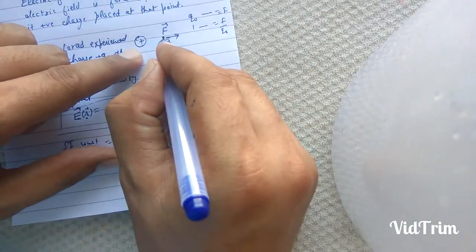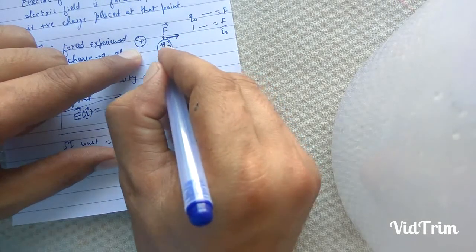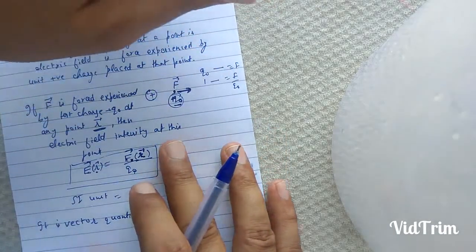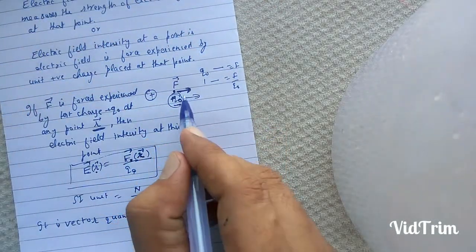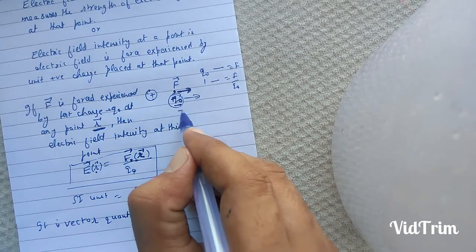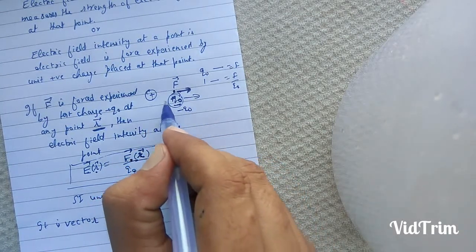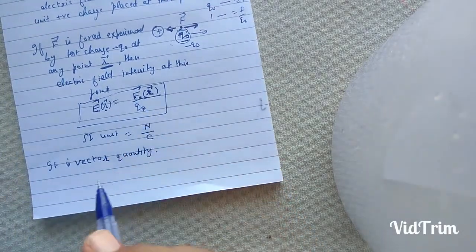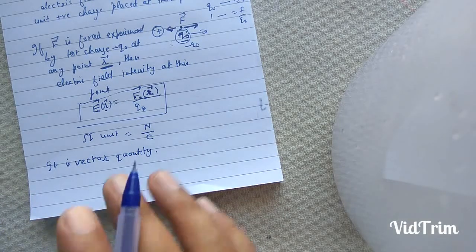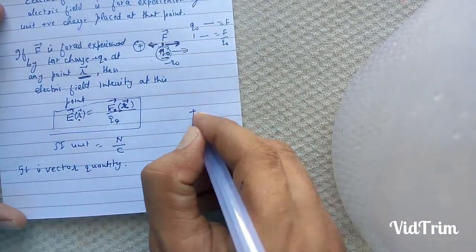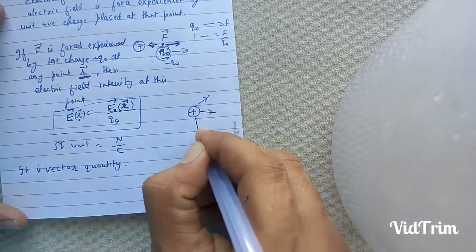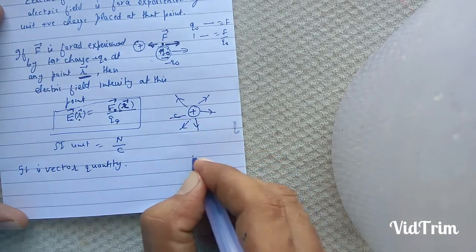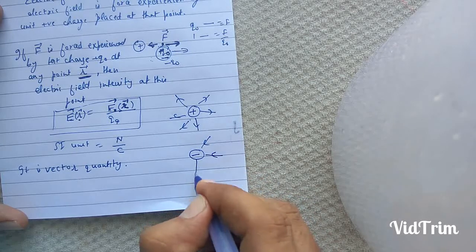If the source charge is positive and the test charge is positive, then it will experience a force of repulsion. This gives the direction of force. And if the test charge is negative, then it experiences a force of attraction. So this is the direction of force and direction of electric field intensity. Electric field due to positive source charge is directed radially outward, and electric field due to negative source charge is directed radially inward.